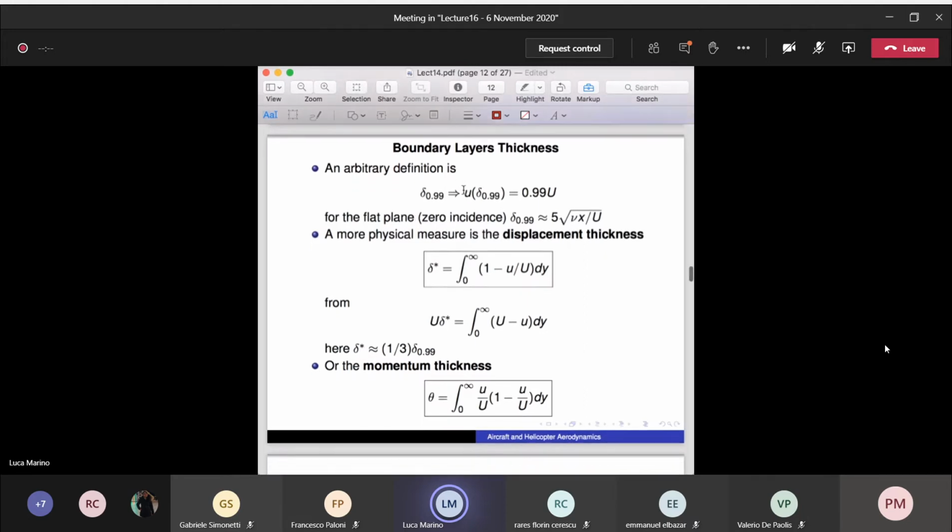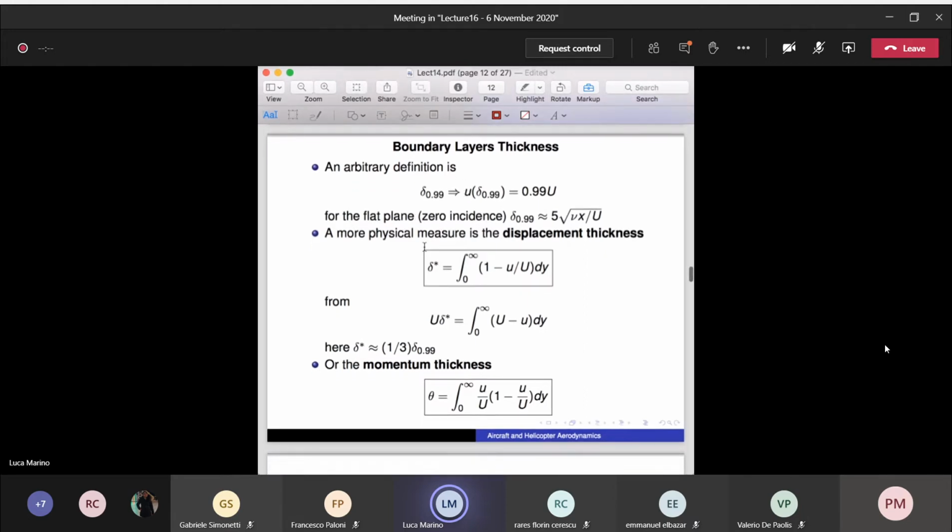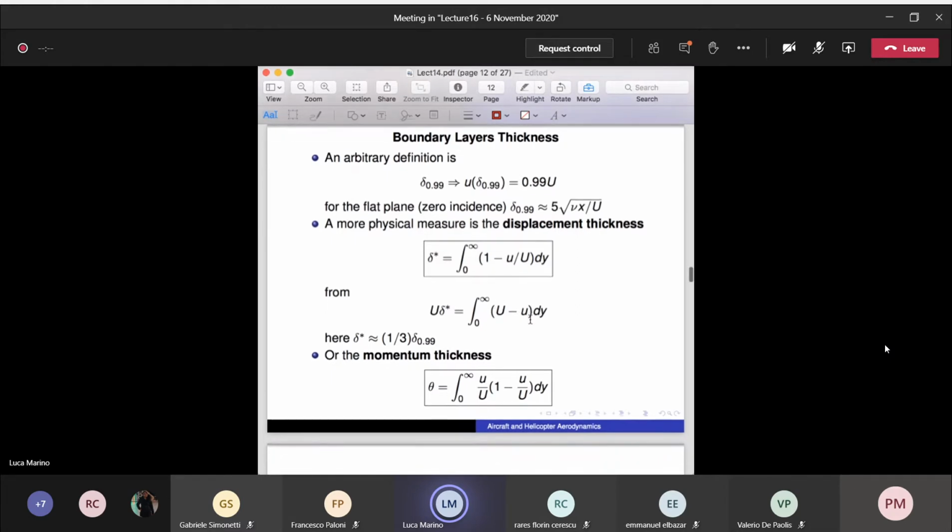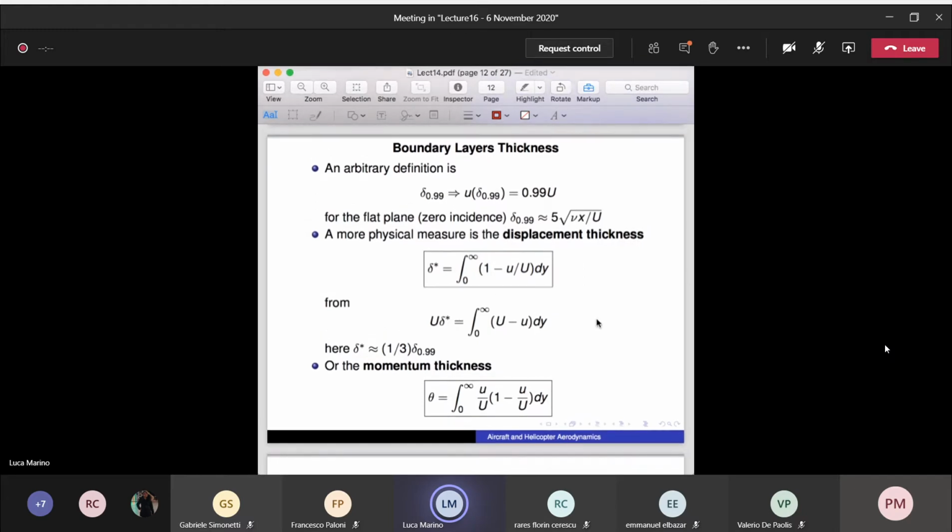Okay, so this is the reason why a more physical measure of the thickness is reported here and is named the displacement thickness, that is defined with this integral. Okay, if you rewrite this integral in such a way, what you are going to evaluate with this delta star is a physical effect. The physical effect can be explained in such a way.